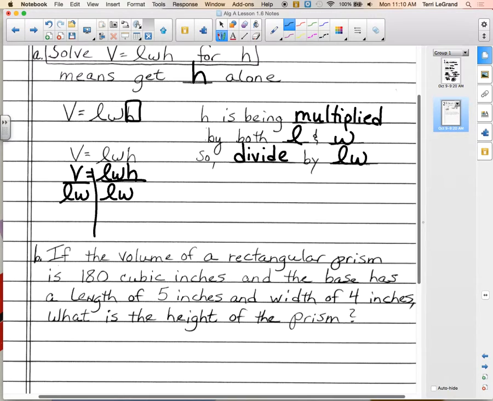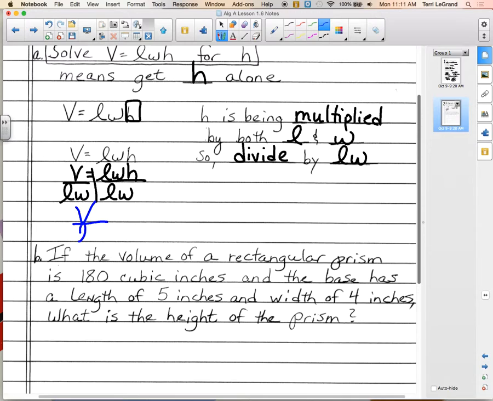So we're solving an equation. That's what we're doing right now. We're just solving for a different variable is all. How do you feel about LW going into V? Can we do that, do you think? No, so what we're going to do is leave it as that.